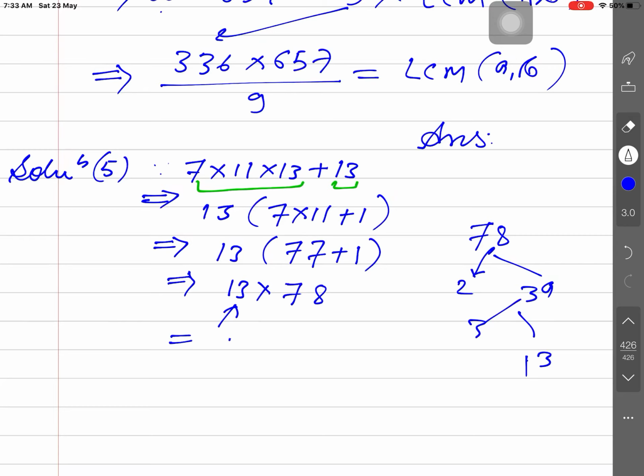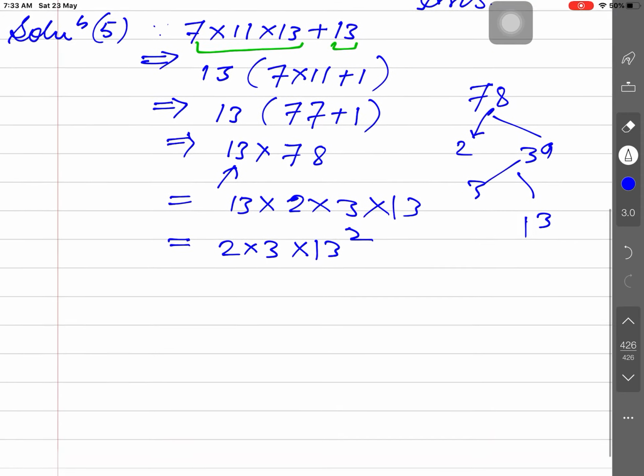So it can be written as 13 into 2 into 3 into 13, that is 2 into 3 into 13 raised to the power 2. This is factorization. What type of factorization is this? Prime factorization. So recall the concept of the fundamental theorem of arithmetic.